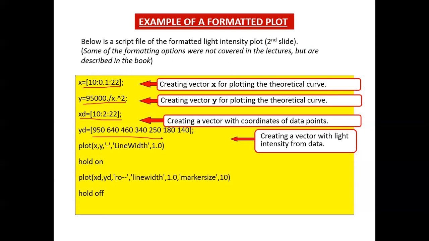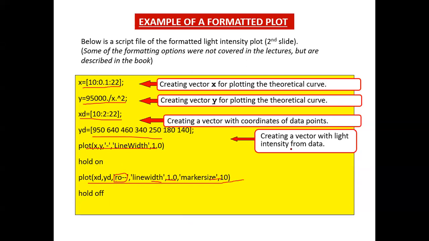Then we generate the plot from x and y with line width 1.0. Hold on the plot, then plot xd and yd with a red color, o symbol, which is a round symbol, hyphen, line width 1.0, marker size 10, then hold off.